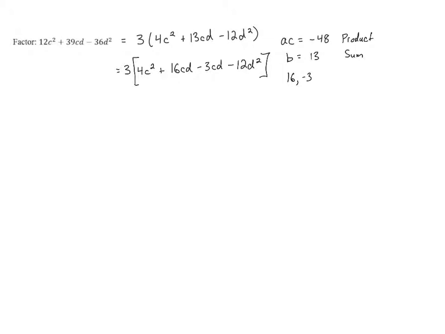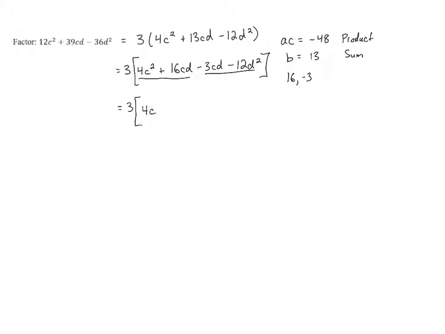Now that there are 4 terms inside the brackets, we can factor that by grouping. So let's look at each of those groups separately. I'm going to keep that GCF of 3 out front. It's always going to stay there out of the way. Now let's look at the first group. Both of those terms contain a 4c.